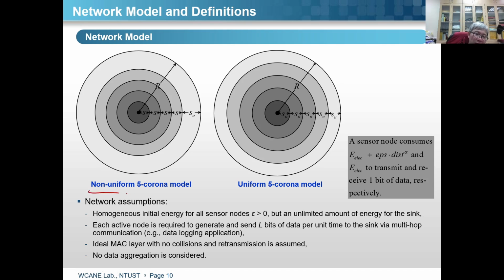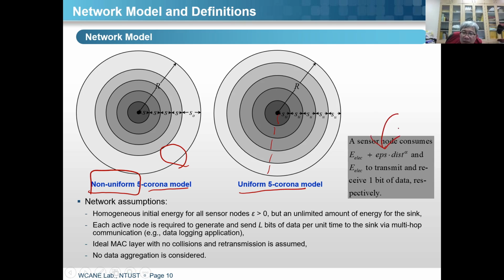This one we call the non-uniform corona model because we don't have the same width here. If we always have the same radius and same width for all of the coronas, then we call it a uniform corona model. For the corona model, of course, we can derive the energy consumption.